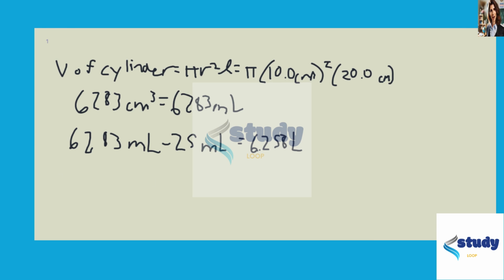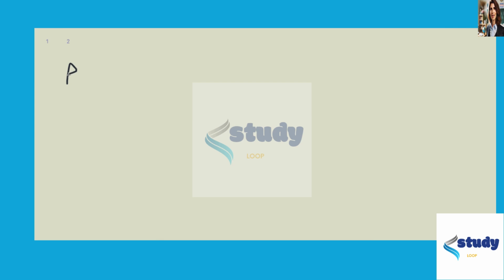And so now we can use the ideal gas law, PV equals nRT, to find our number of moles of air. And so our pressure is 760 millimeters of mercury, which is 1 atmosphere.